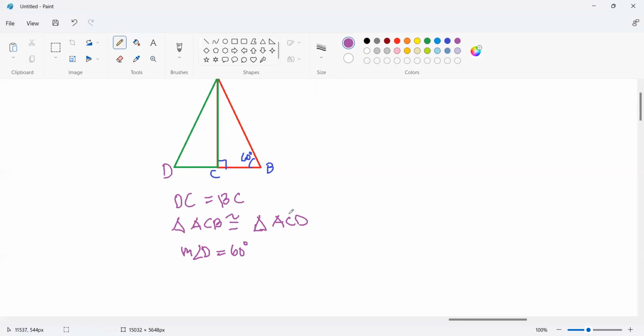So, now we created triangle ADB, which is equiangular and equilateral.